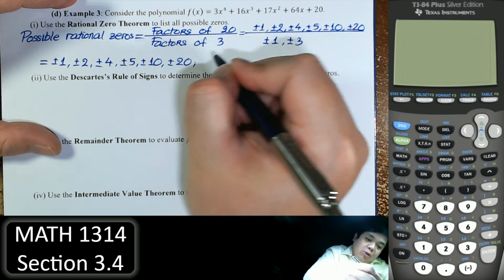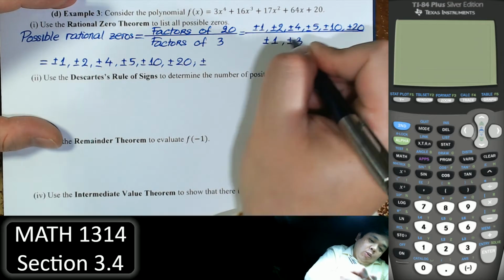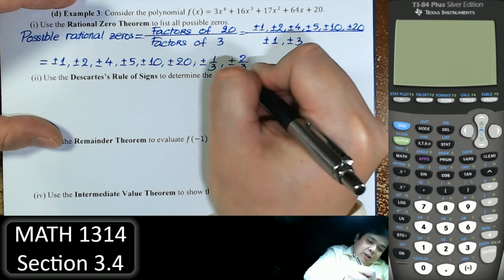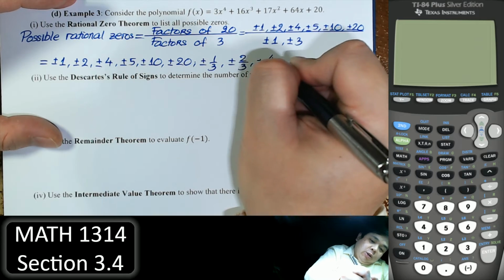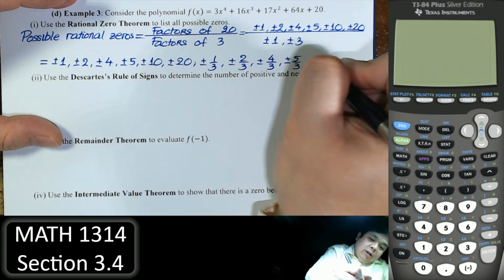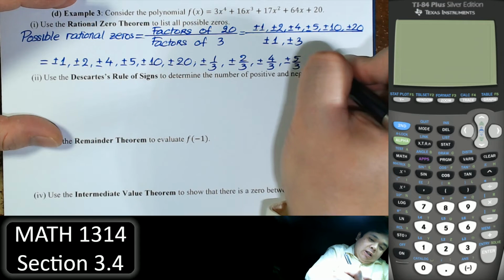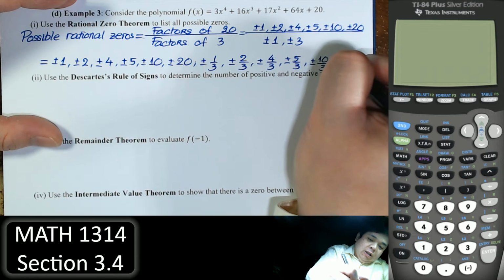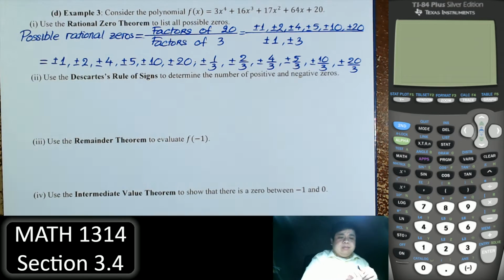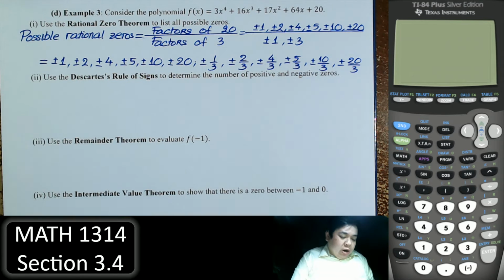And then divide by 3: 1 over 3, 2 over 3, 4 over 3, 5 over 3, 10 over 3, 20 over 3.